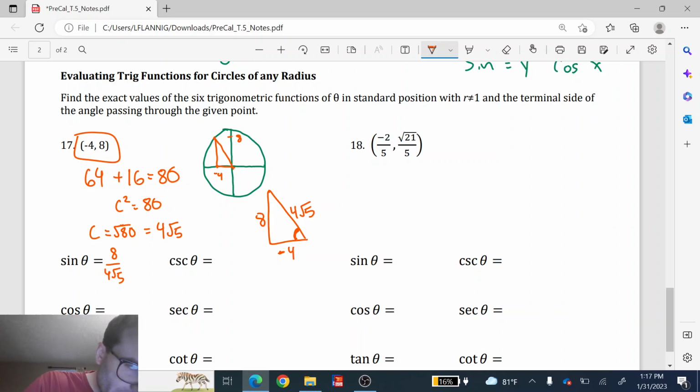These can cancel out, 8 and 4, leaving you with 2 over root of 5. Then I can multiply the top and bottom by the root of 5, and that gives you 2 root 5 over 5. So 2 square roots of 5 over 5.